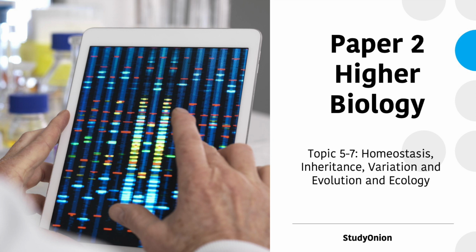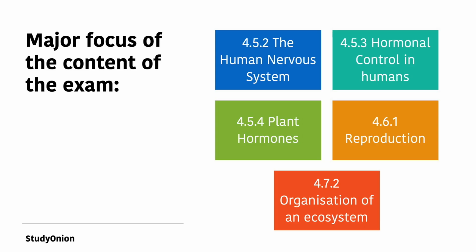Now let's move on to Paper 2 of Higher Biology, which covers Topic 5, Homeostasis, Topic 6, Inheritance, Variation and Evolution, and Topic 7, which is Ecology. The major focus of the content of the exam is the human nervous system, hormonal control in humans, plant hormones, reproduction, and the organisation of an ecosystem.